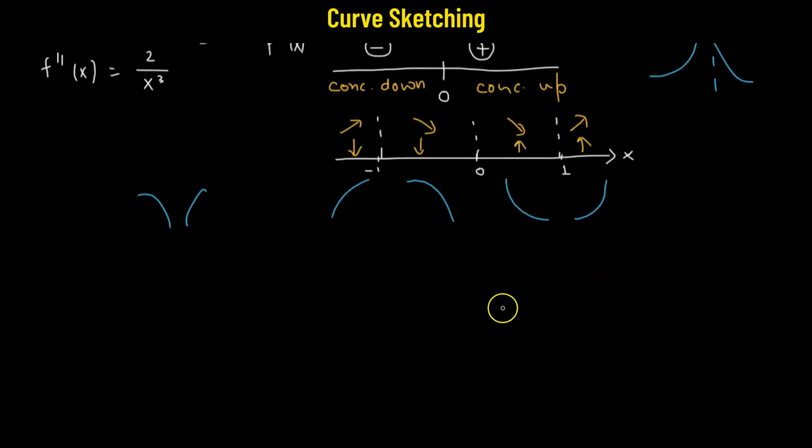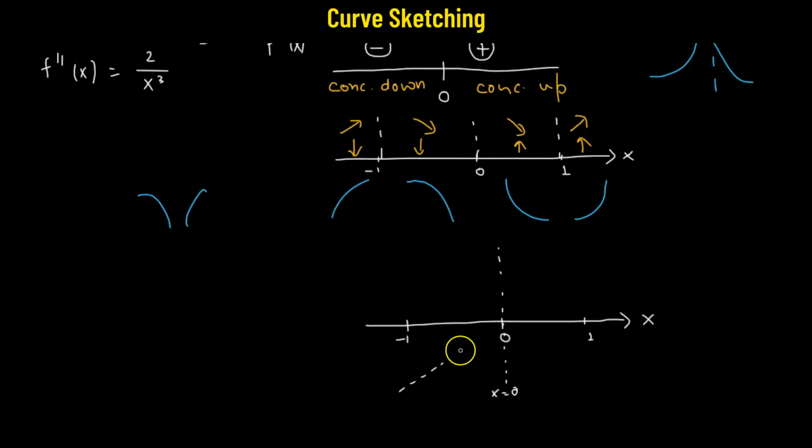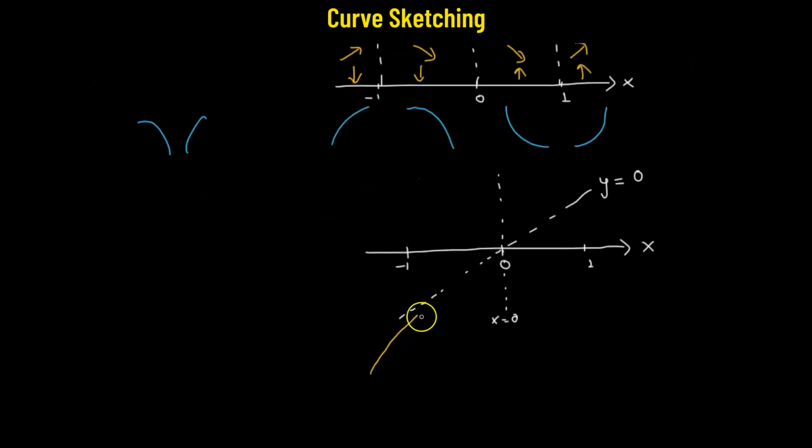Now we can finally combine these results to obtain the sketch of our function. So we have the x-axis. We have -1, 0, and 1. At x equals 0, we have the vertical asymptote. Let's call it x equals 0. And we also have a slanted asymptote. For values of x less than -1, as we have concavity downward but increasing, we will get increasing.